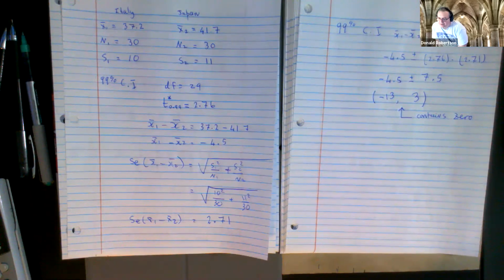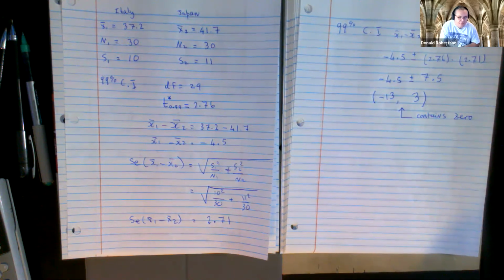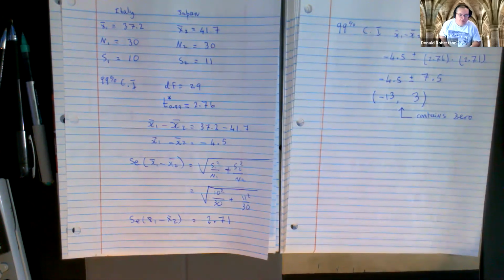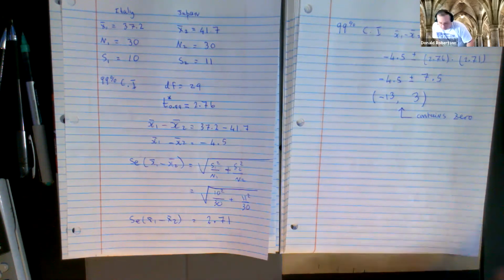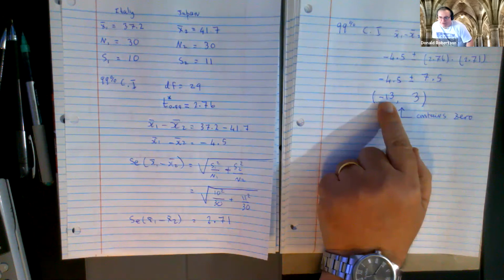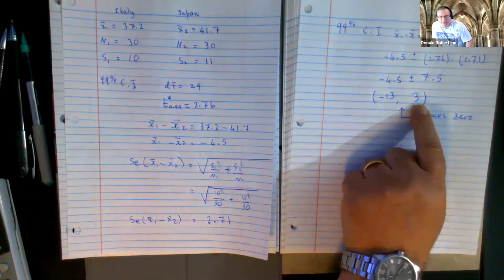Wouldn't the sentence be this time that there isn't significant evidence that there is a difference? I'll rephrase that: there isn't significant evidence that there's a difference between Italian and Japanese average ages. On this side, wouldn't this represent the Japanese are older? And on this side, the exact opposite is true.